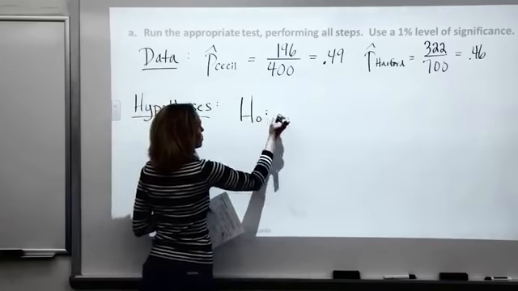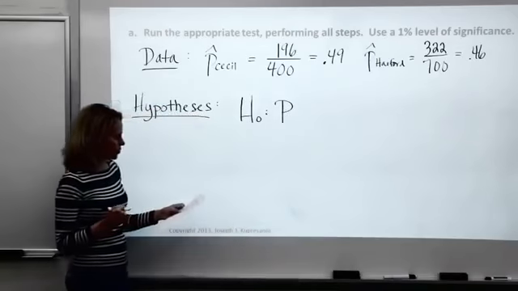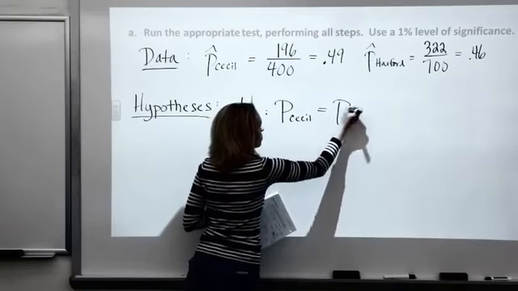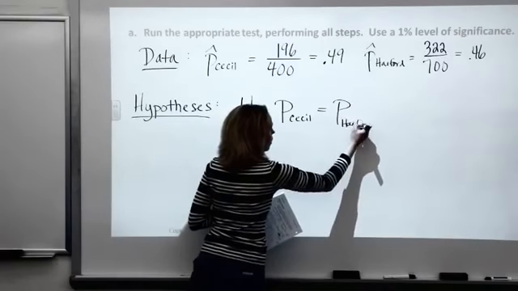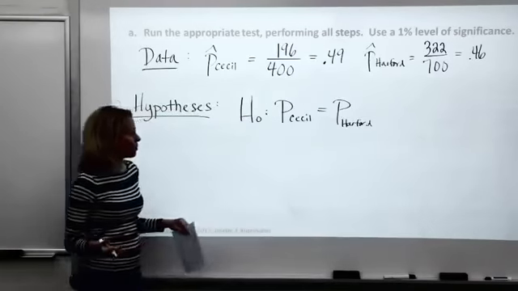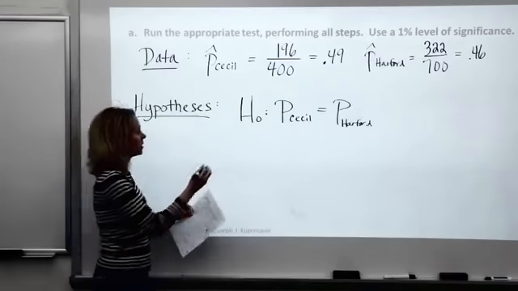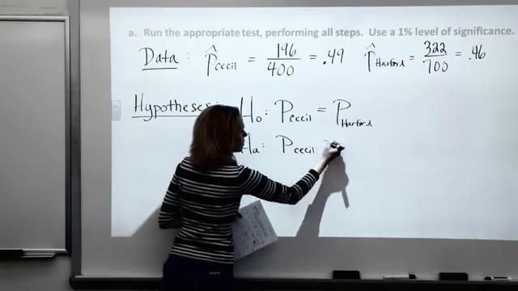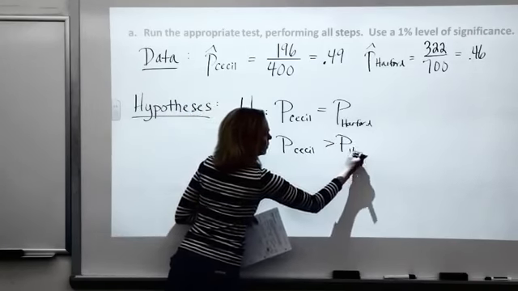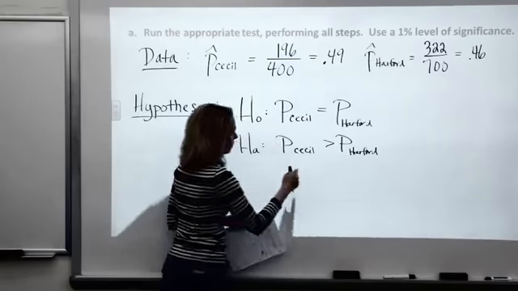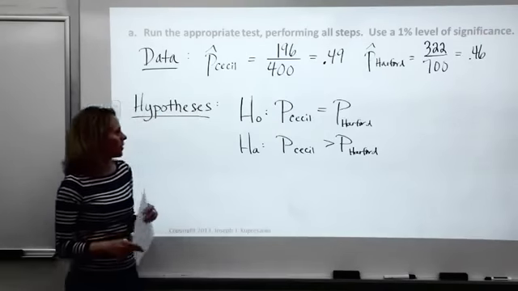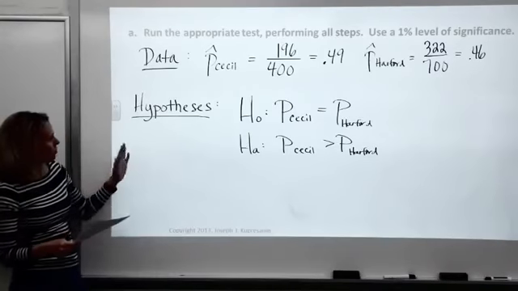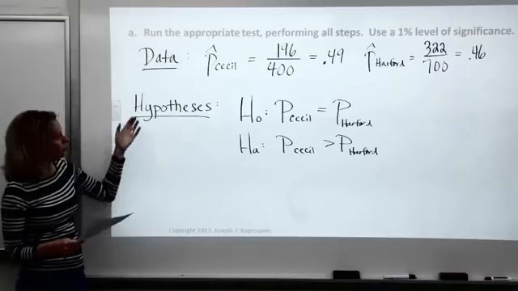We will assume to start that the percentage of students at Cecil is the same as the percentage of students at Hartford that have a GPA of 3.0 or higher. And we're looking to see, can we show that the percentage is higher at Cecil? So can we show that this is greater than? I'm probably going to start writing C's and H's instead of writing those words all the way out.